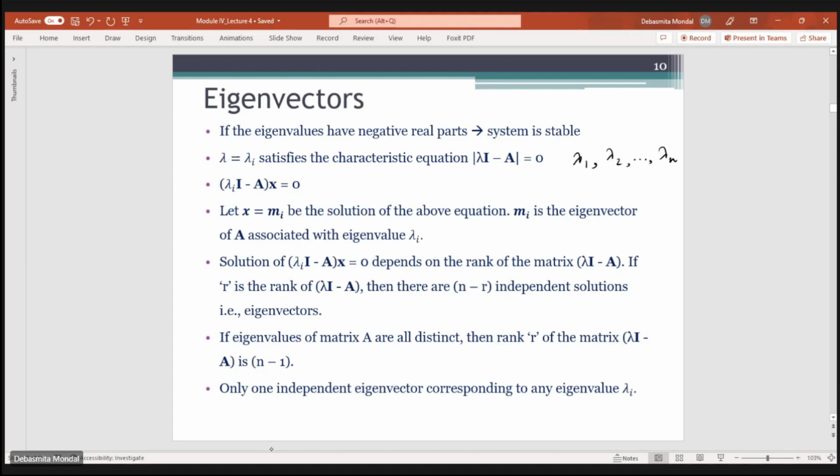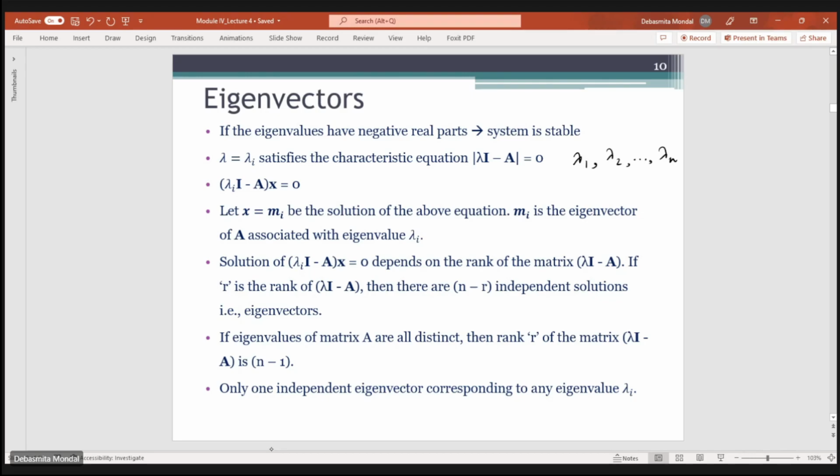Okay, and the solution of lambda i into I minus A into x equals 0 basically depends on the rank of the matrix lambda i I minus A. If the rank of that matrix is R, then there will be n minus R independent solutions. So that means there will be n minus R eigenvectors of the equation.